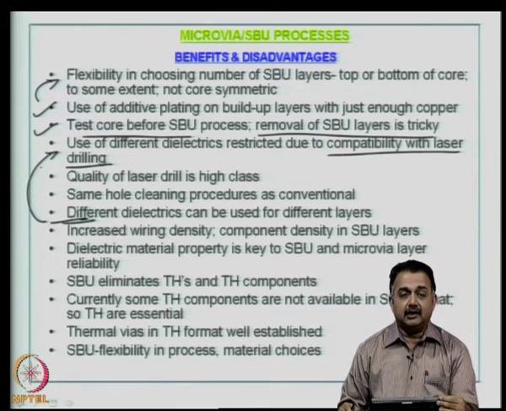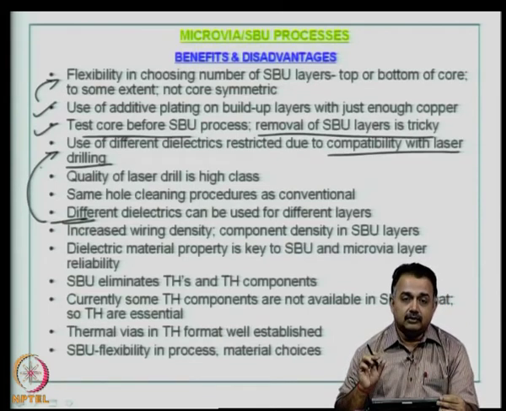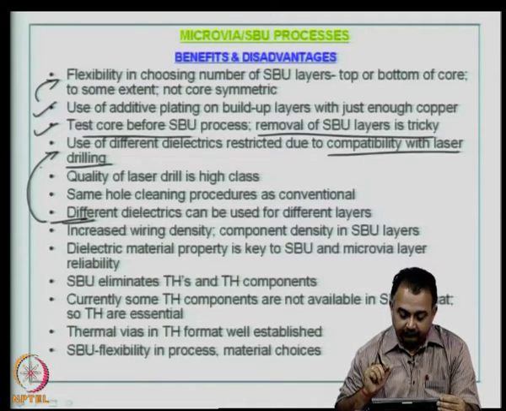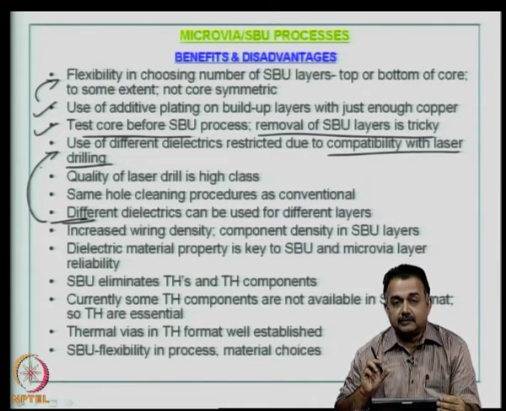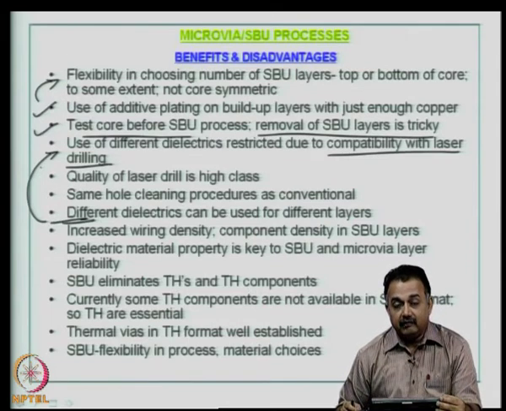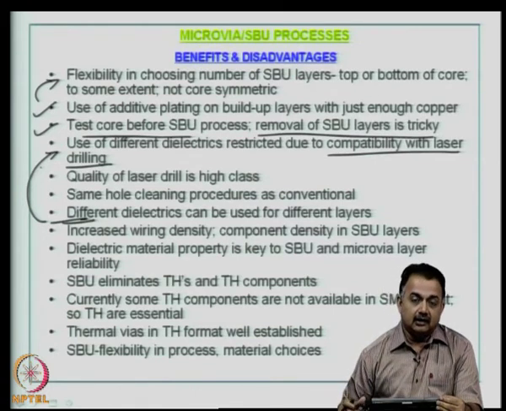The dielectric material that we use for the inner layers is the key issue to providing the kind of electrical properties that you require, and that makes this particular SBU process unique compared to the conventional board. And its behavior during the thermal cycling, testing and all that will give us an idea about the micro via and the conductor reliability.